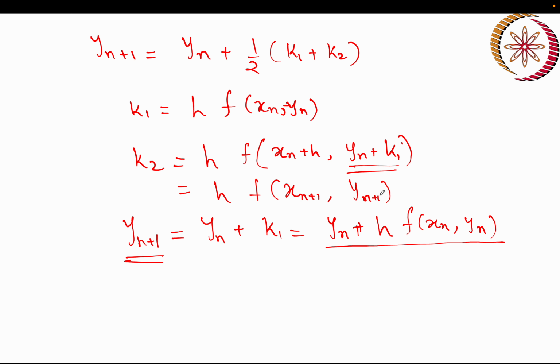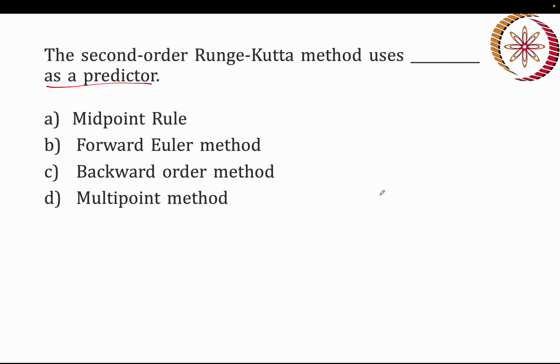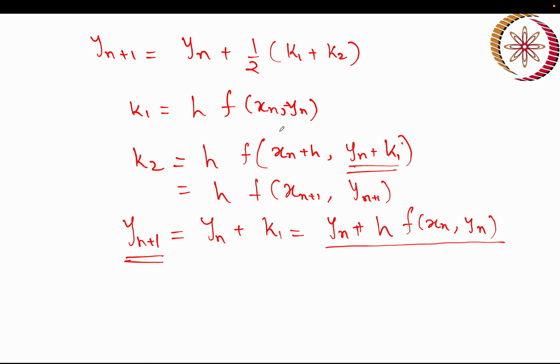Okay, and this is nothing but the forward Euler method that we used in this case, and here we are getting the prediction. So you can see that whatever value we have got is not the value we are finally computing.